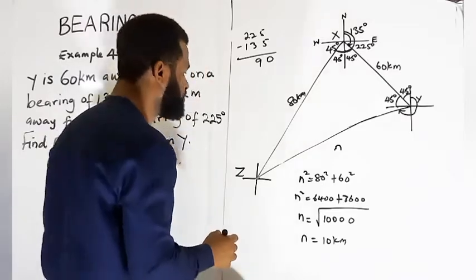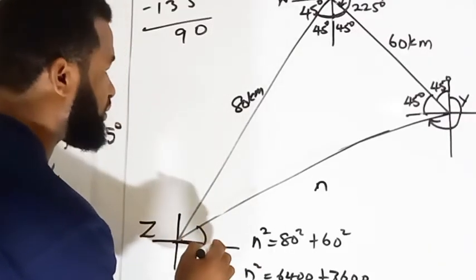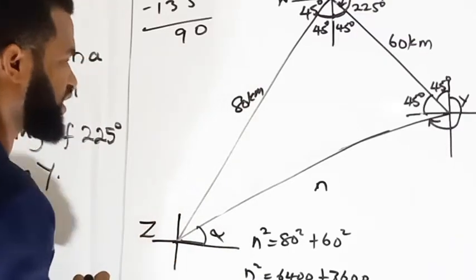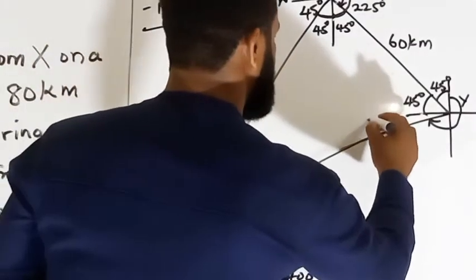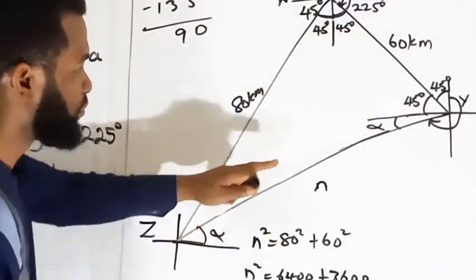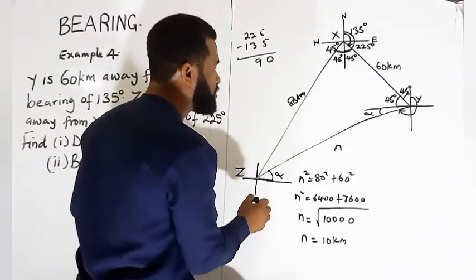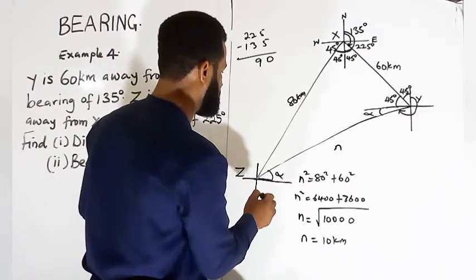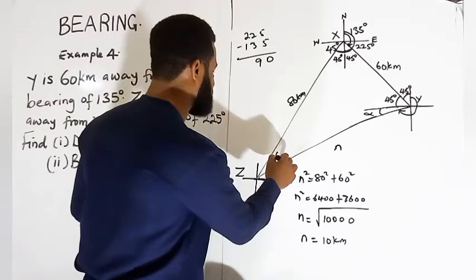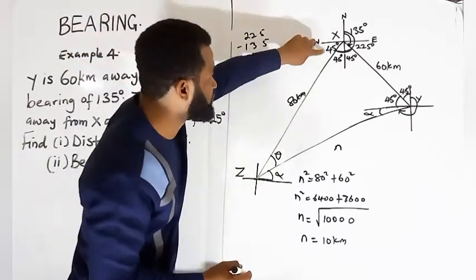Now, what I need to do first is this angle here, I don't know this angle. Also the same thing with this angle. So this alpha and this alpha are the same thing because they are alternate. Now, I still don't know this angle. This is technical work.